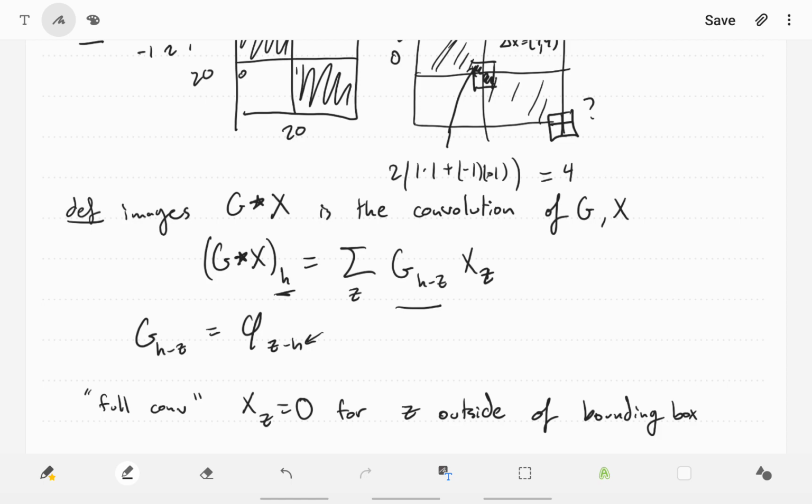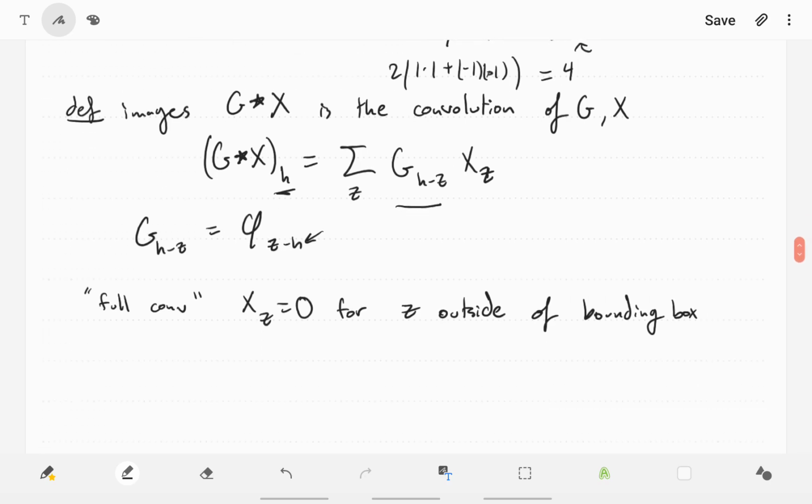Now, valid convolution is just going to disallow this type of shift operation.